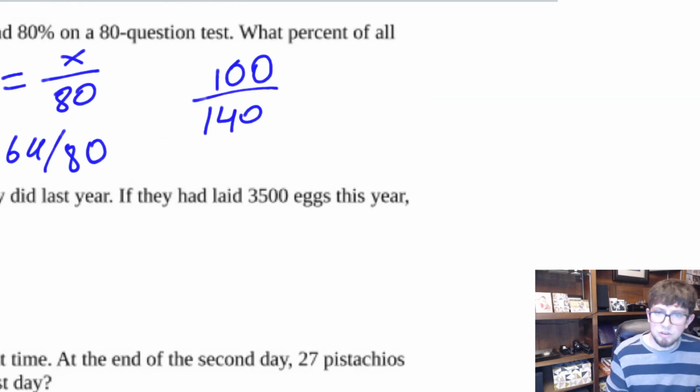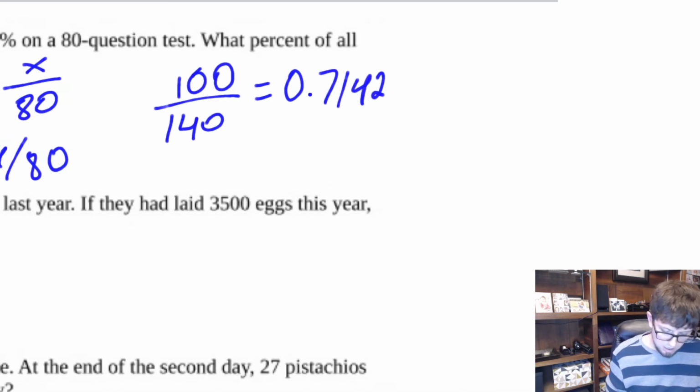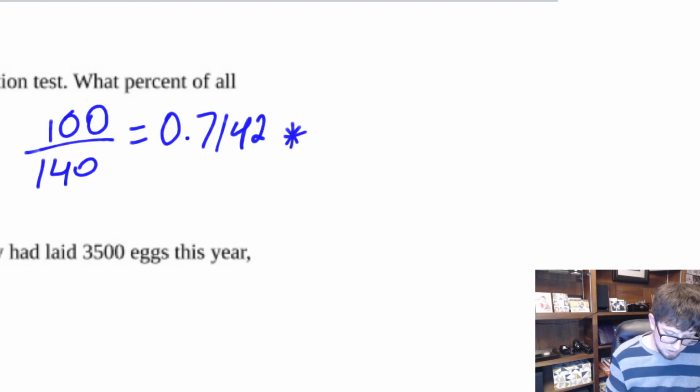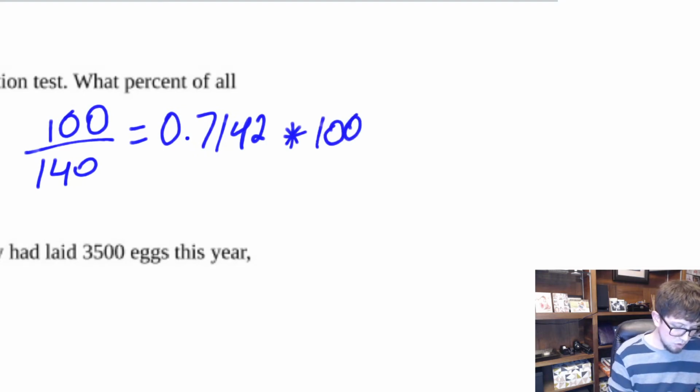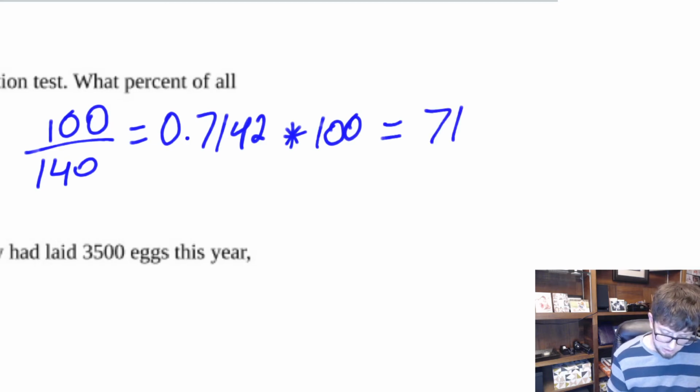If you do that in your calculator, you get a decimal, 0.7142, etc. If you want to turn this into a percentage, the next step is to multiply by 100. And all that really means is you move the decimal place over twice. So if we were to round to the nearest percent, I would say 71%.